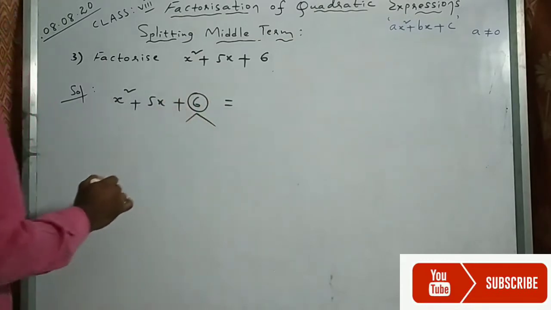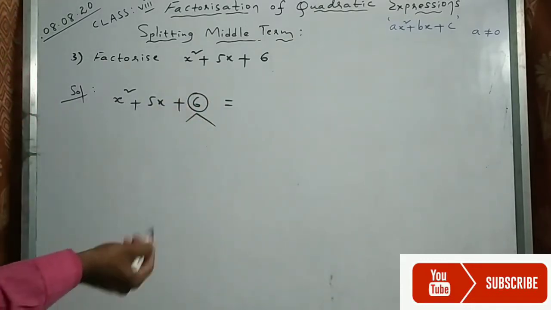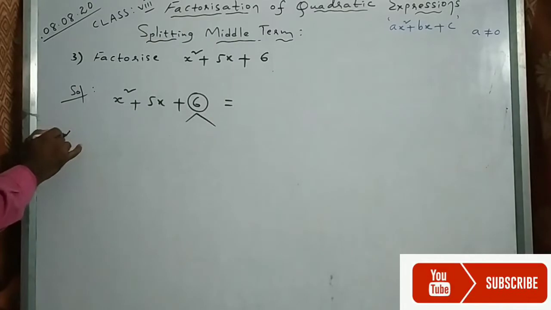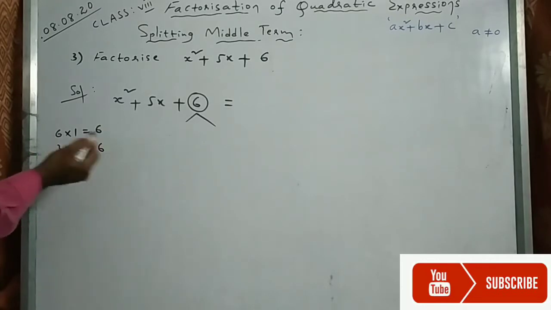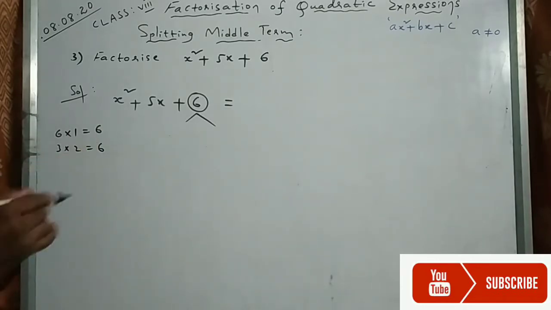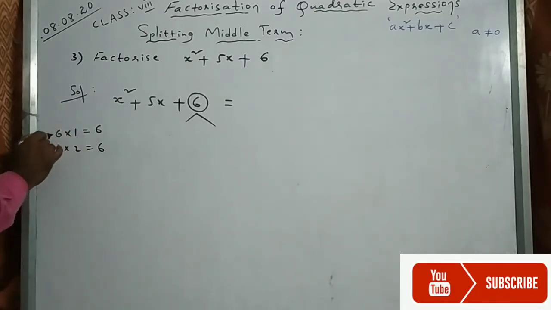I can take 6 1s are 6, 3 2s are 6. That's all. No other factors, right? 1 2 3 6. So either this one or this one we should take now.